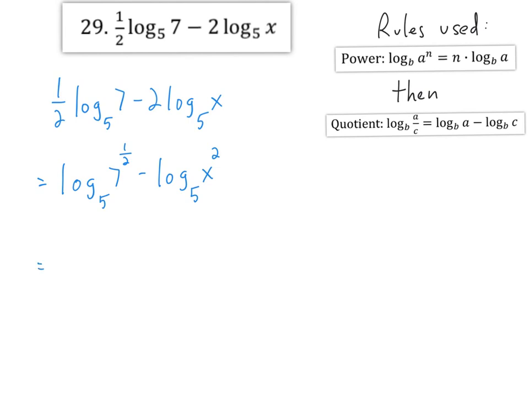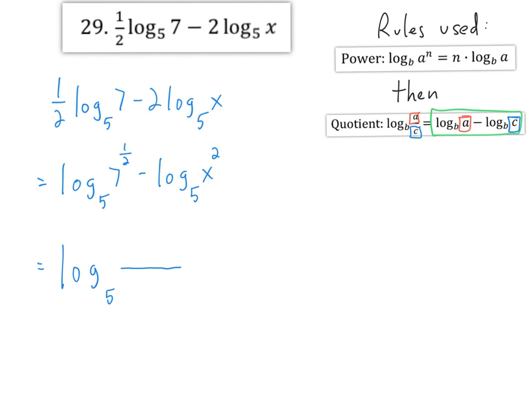Okay, so now that we have two logs with the same base, nothing's multiplied by either log, and so when that's the case, we can take the first thing, make it the numerator of a fraction inside a log, and take the second thing and make it the denominator. So this is going to be log base 5 of some fraction.